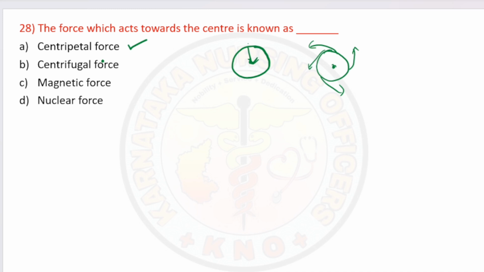And what is magnetic force? It is the force of attraction or repulsion between the two poles, that is north and south pole, is called magnetic force. And what is nuclear force? It is a force between the protons and neutrons inside the nucleus is called nuclear force.